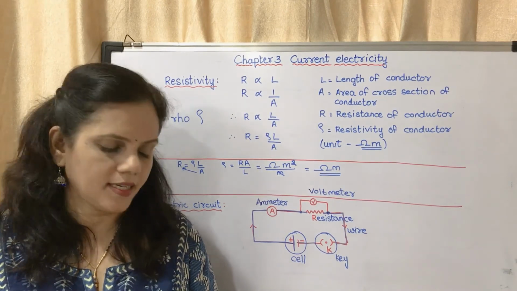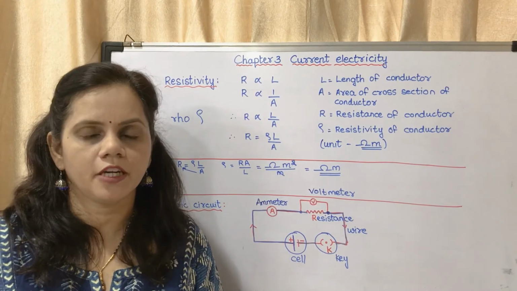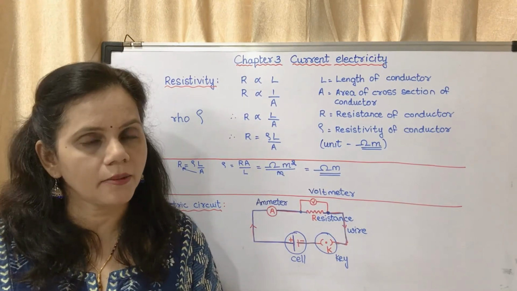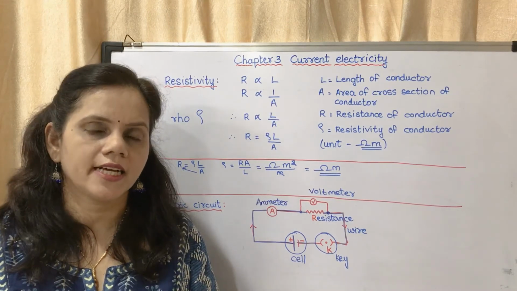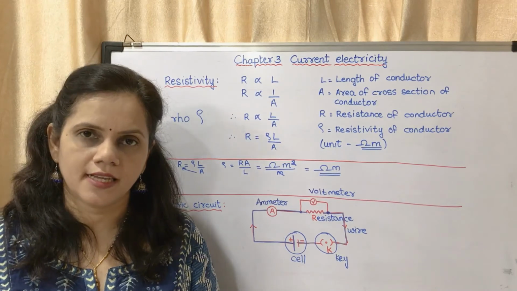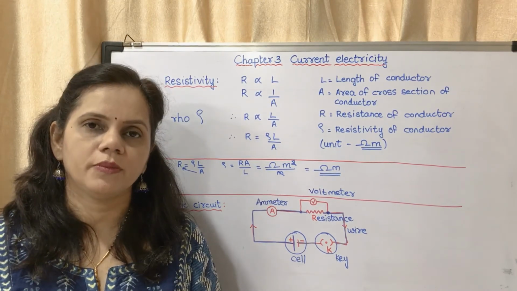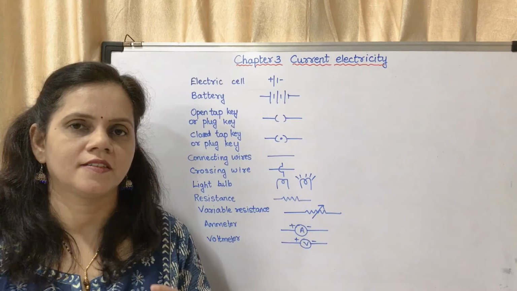C, the circuit is incomplete. D, both are connected to the same terminals, hence the circuit is not complete, so the bulb is not glowing. Okay, so these are the answers. You may write those answers in your textbook. These questions are asked. Now we may move on to the next table on the next page.